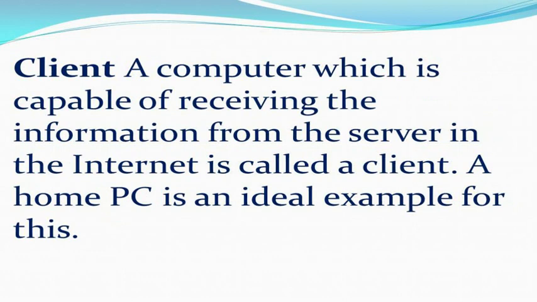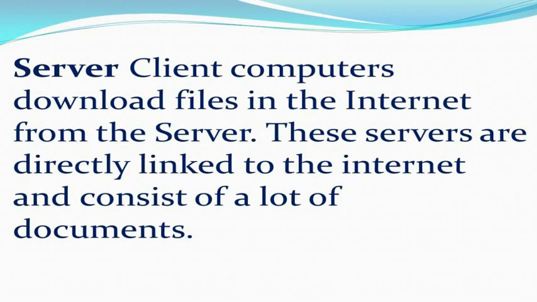Client. A computer which is capable of receiving information from a service on the Internet is called a client. A home PC is an ideal example of this. Server. Client computers download files from the Internet from the server.